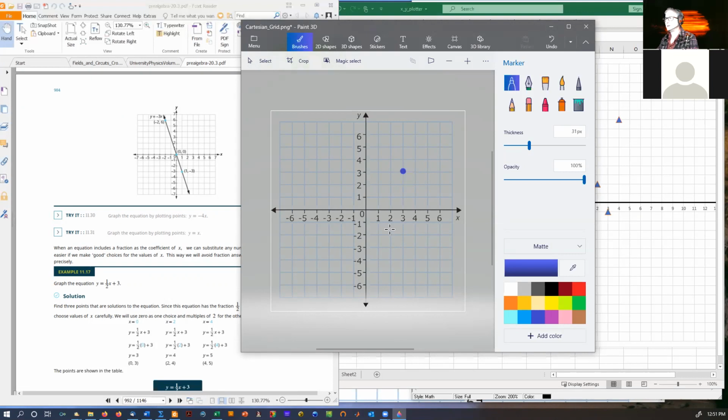Negative 4, well, that means y equals negative 4. What about 2? If x equals 2, then y equals 2. Negative 1, x equals negative 1, y equals negative 1. So y equals x is just a line that bisects the Cartesian grid at a 45-degree angle.